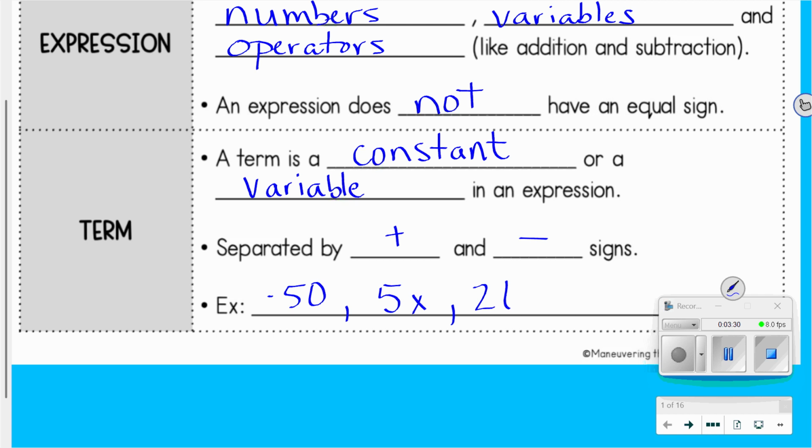Or 2t squared. Those would all be different types of terms that we would be using in an expression. Any questions on the vocab so far?